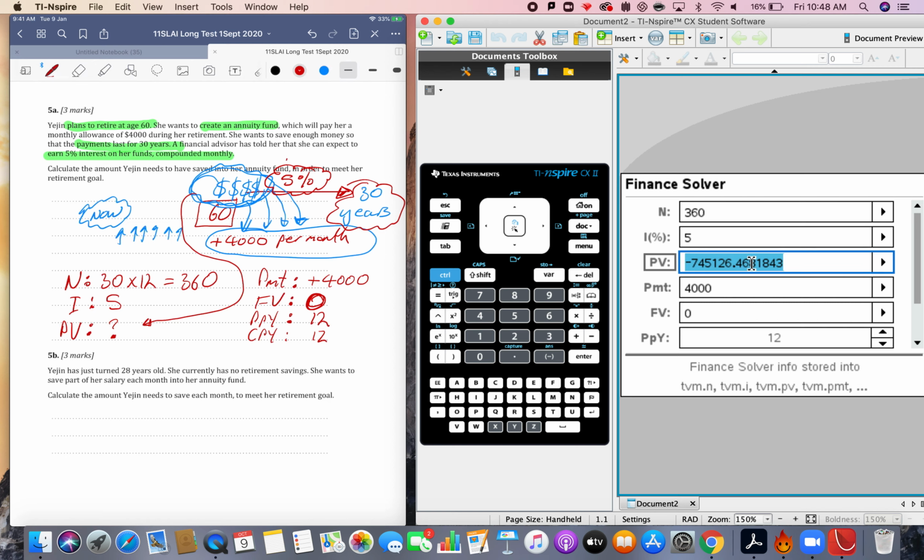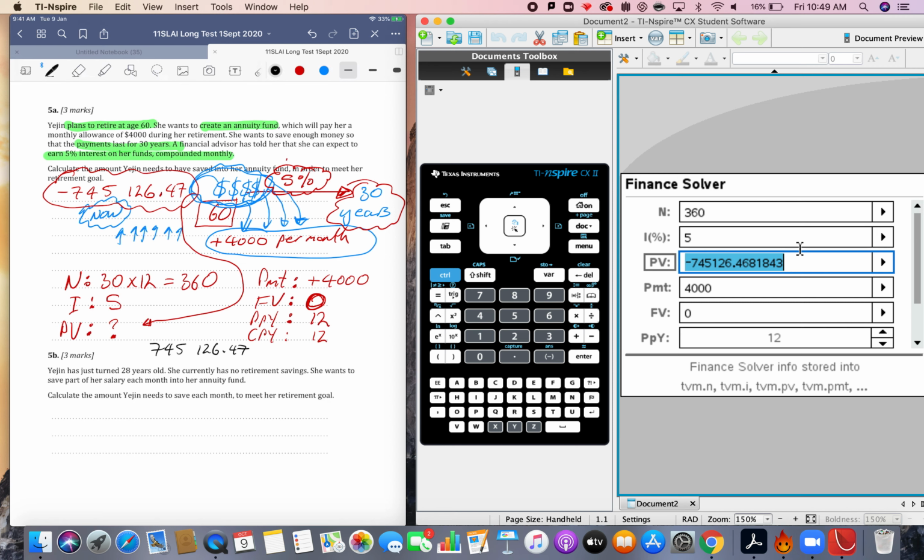And the present value is, can you see it's negative? It says negative 745,126.47. It's negative because that's money that needs to be saved, put into a bank, so it's money flowing away from her. So the final answer here that we want is 745,126.47.